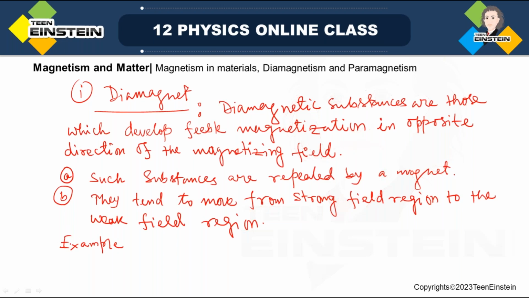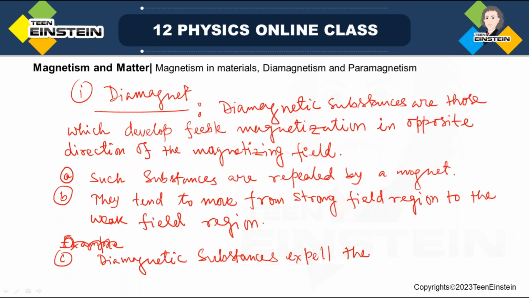Diamagnetic substances expel the magnetic field lines. I'll tell you what it is.